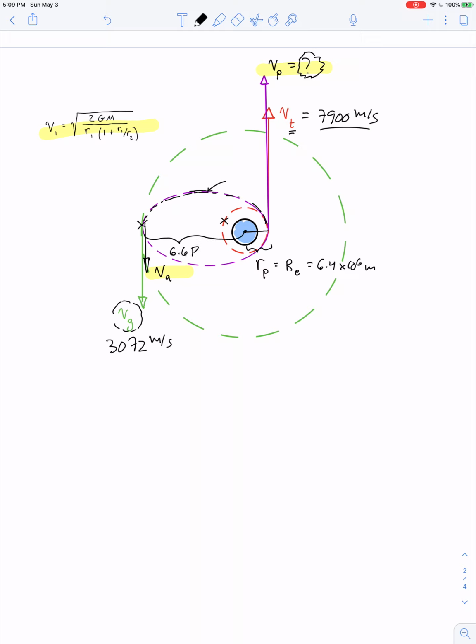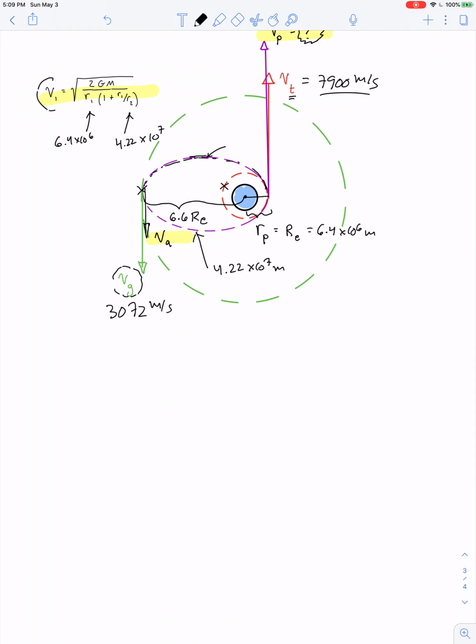That's 6.6 Earth radii, which is about 4.22 times 10 to the 7th meters. So those represent the values of R1 and R2 in this equation. So R1 is 6.4 times 10 to the 6th, and R2 is 4.22 times 10 to the 7th.